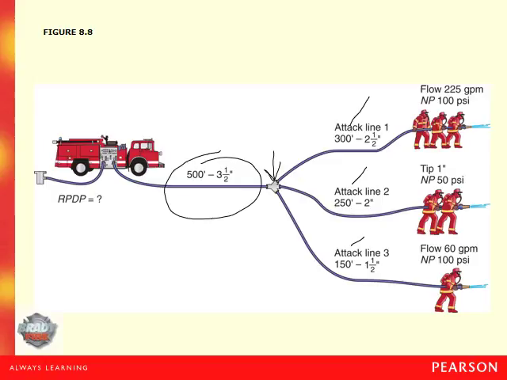So we look over here, our flow for the first line was 225. Our flow for the second line, now don't get confused here, because that is a nozzle pressure of 50. And we actually figured out the gallons per minute a minute ago, so that was 210. And then 60 off of this one.